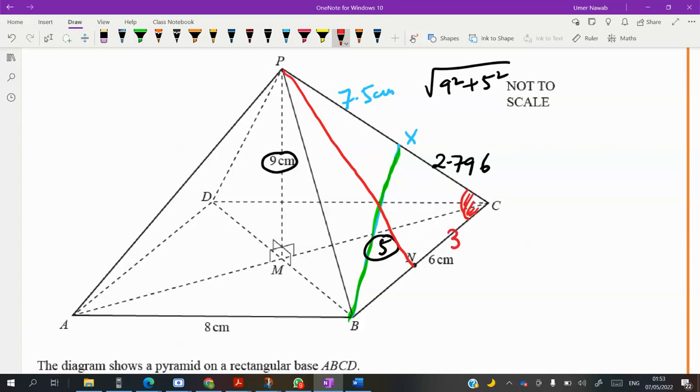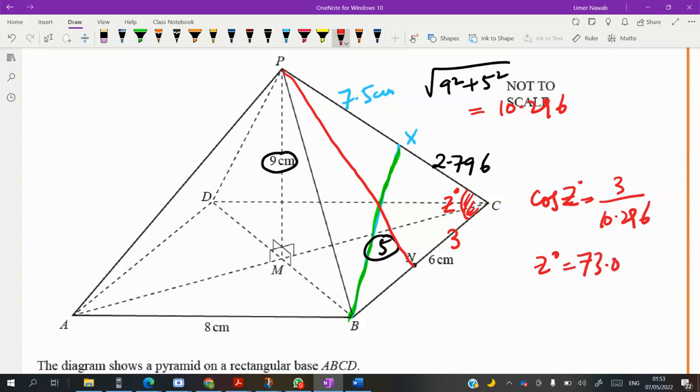This is 3, clear? And the big side was 10.296. So I can use cosine of this angle Z. Cosine of Z is equal to 3 over 10.296. The answer comes to us 73.06.